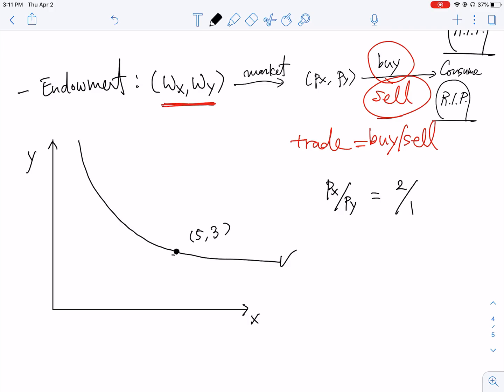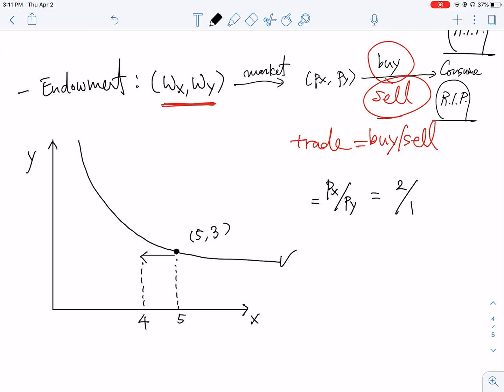Let's say you decrease the consumption of X from 5 to 4. Then how many units of Y can you buy? 2 units, because the ratio is 2.